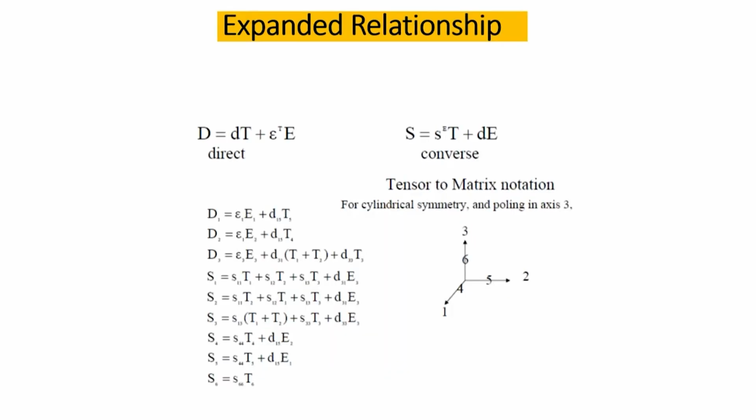In fact, you can express the whole thing in tensorial notation, where you have 3 electric displacements along 3 directions. The charge can be generated along 1, 2 and 3 depending on the type of stress directions T5, T4 and T1, T2, T3, and you can generate 6 types of strains in principle, though in nature for S6 there is no coupling there.